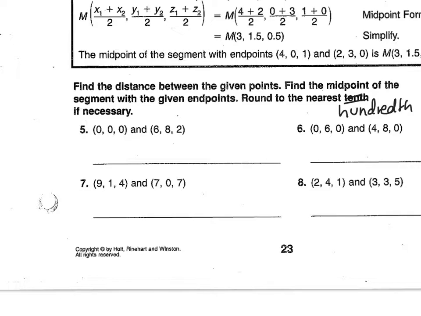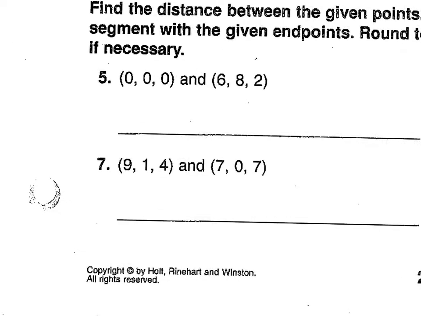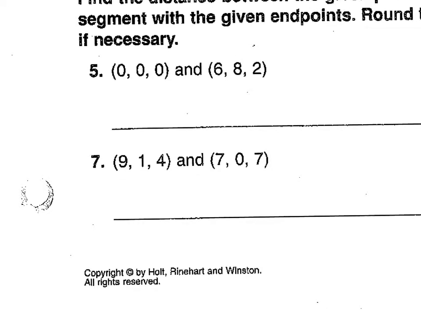So in problem number 5, we need to find the distance. Let me just make this a little bigger. So if I need to find the distance, I need to label the points first. X sub 1, y sub 1, z sub 1, and then x sub 2, y sub 2, and z sub 2.